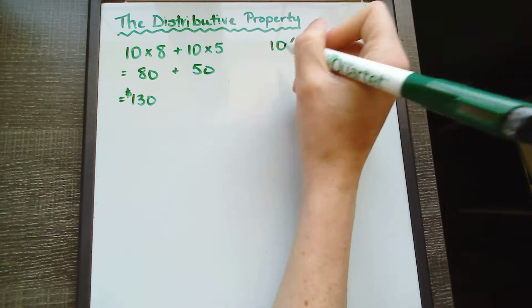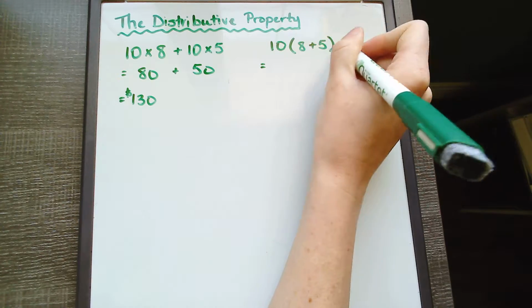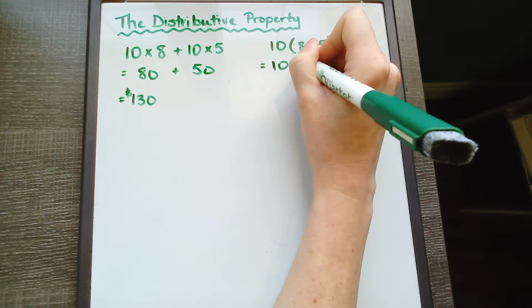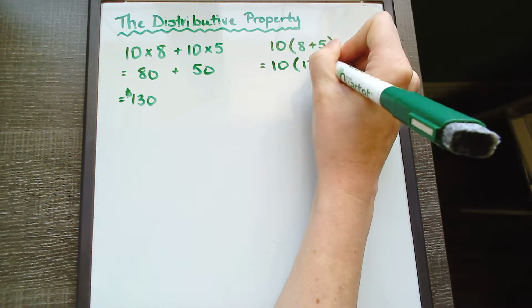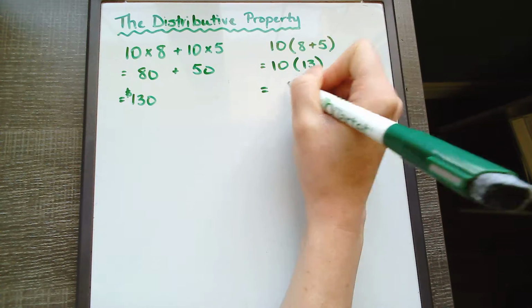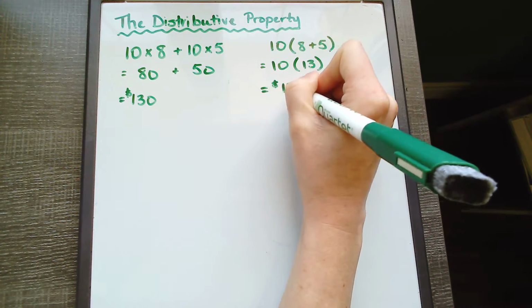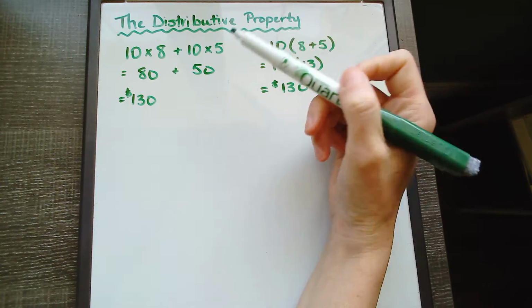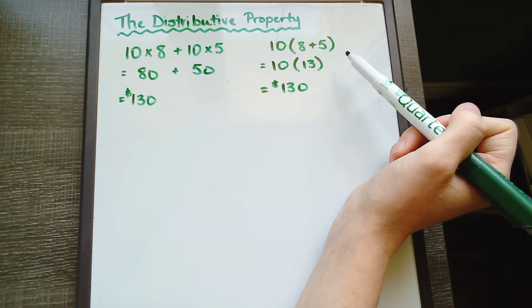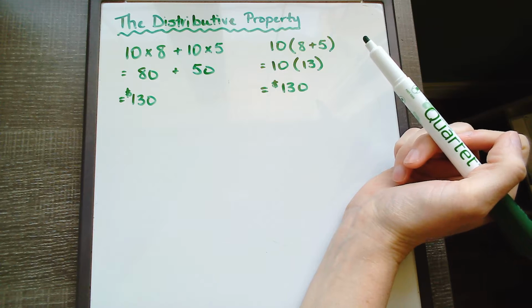If we do this math, I have to do my brackets first. 8 plus 5 is 13, so 10 times 13 is $130. So no matter which way I structure it, I'm going to get the same answer.